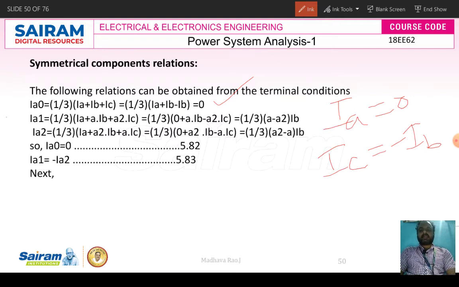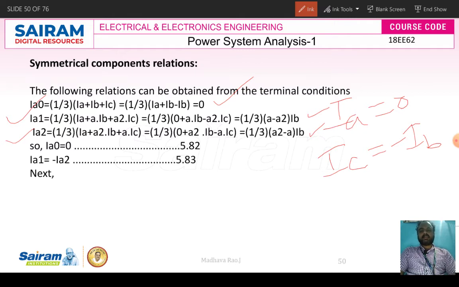And next one, IA1 is equal to 1 by 3 into IA plus A into IB plus A square into IC. So, substituting, 1 by 3 into A minus A square into IB, and IA2 is equal to 1 by 3 into IA plus A square IB plus A into IC. So, this will be equal to 1 by 3 into A square minus A into IB.